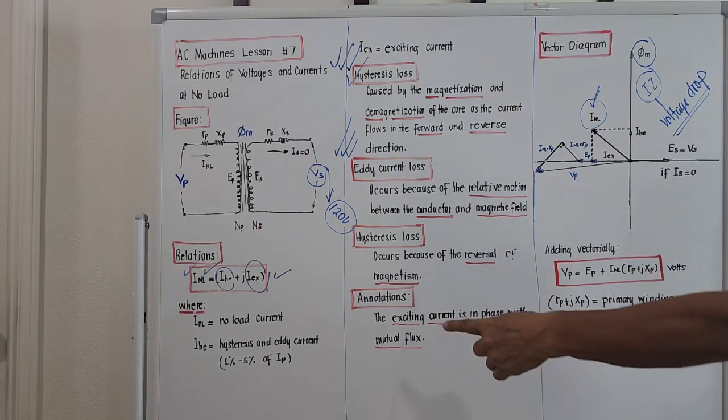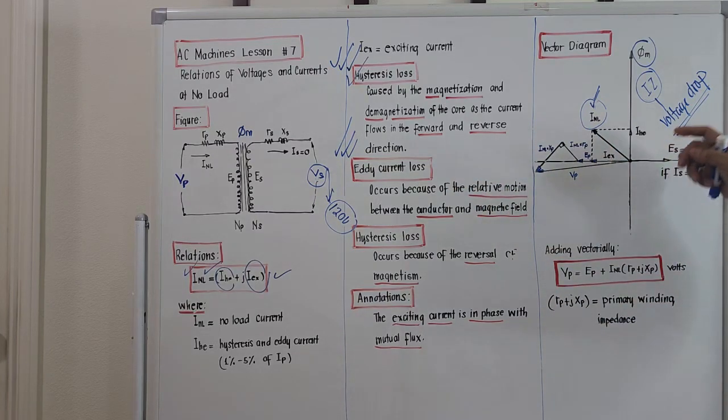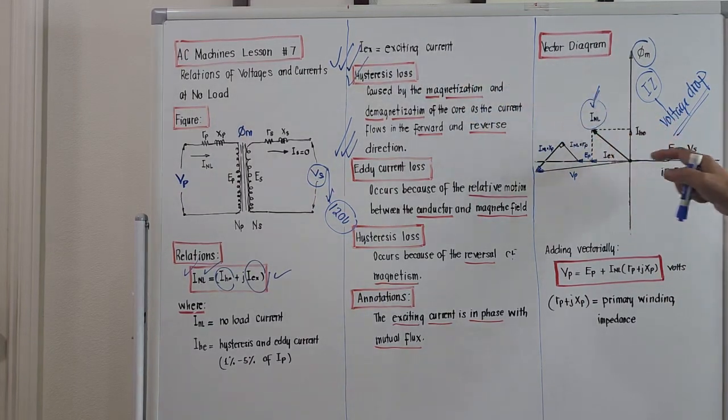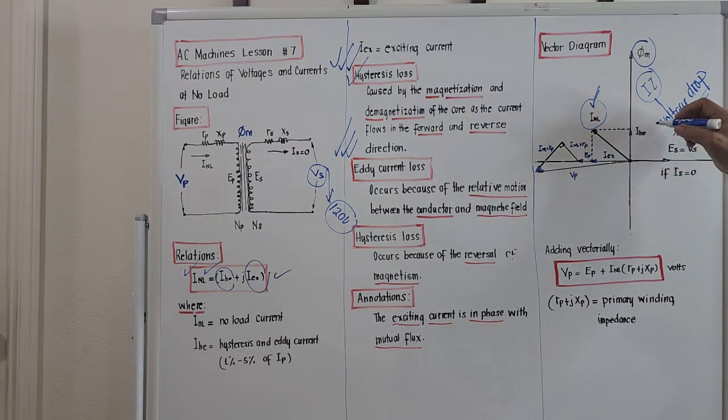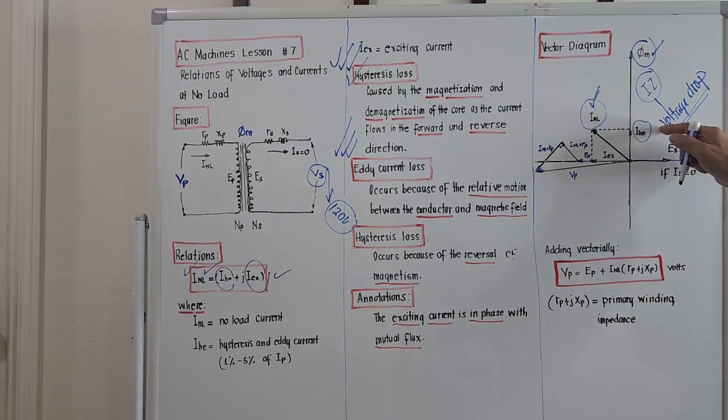According to our annotation, the exciting current is in phase. No, is it in phase? Or the hysteresis? The hysteresis is actually in phase with the mutual flux.